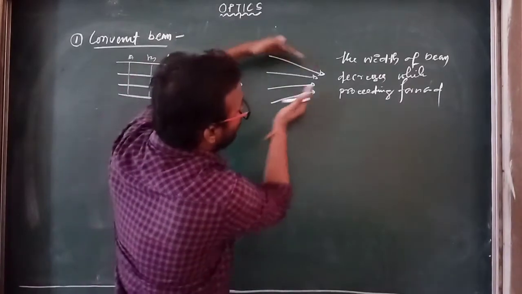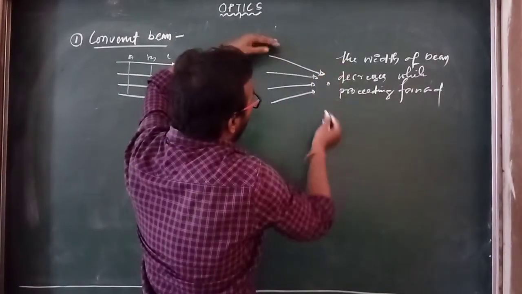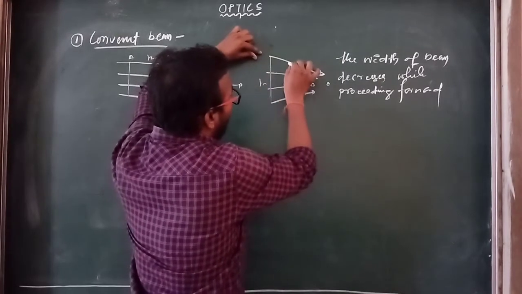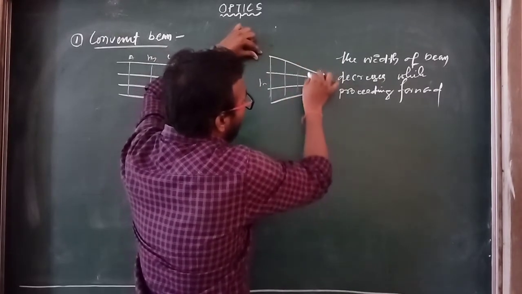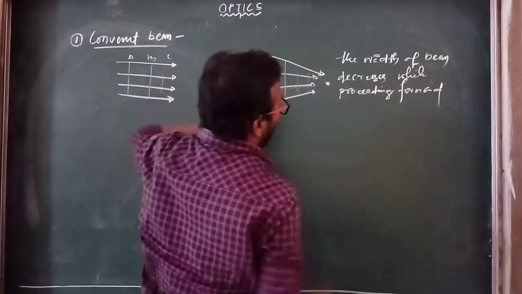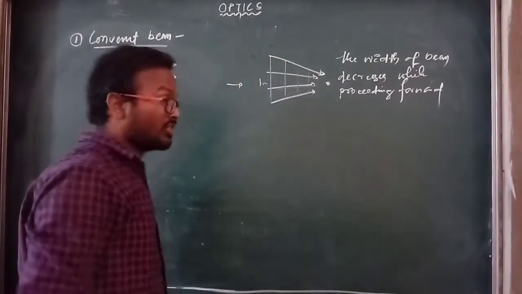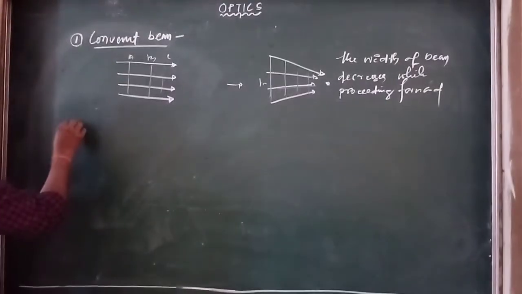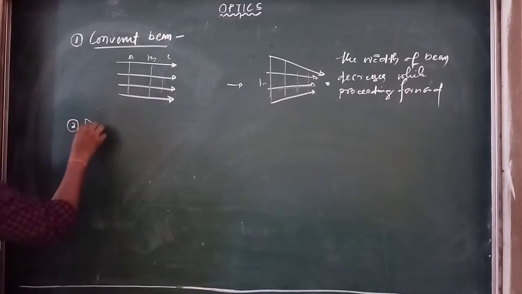They are converging to a point. That means the width here is suppose 1 meter, and the width decreases and decreases, and they approach towards a point, and that type of beam is known as a convergent beam. Clear?